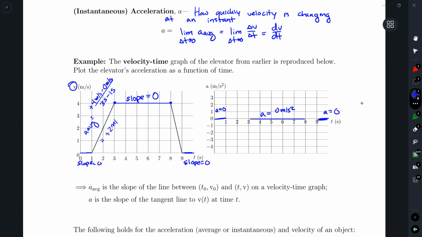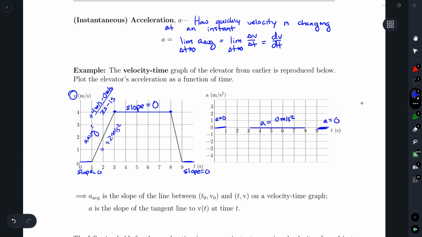Right, that's plus 2. So what is that saying? It's saying that the elevator's speeding up during this bit, okay? Because it had initially 0 velocity and a positive acceleration is going to gain speed as it moves. So it's an acceleration of positive 2.